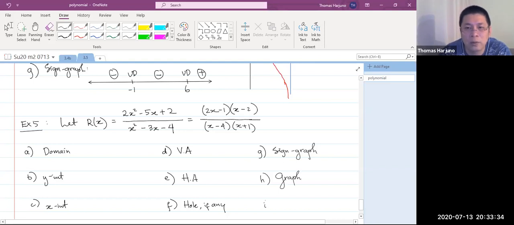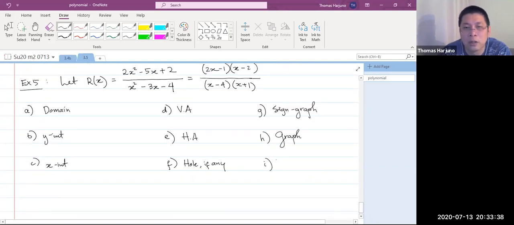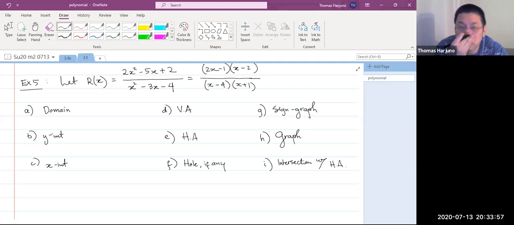If possible, we may be able to answer this question later: intersection with the horizontal asymptote. If the graph intersects the horizontal asymptote, where will that be? What's the coordinate? Now you can pause a little bit and try to do this first.